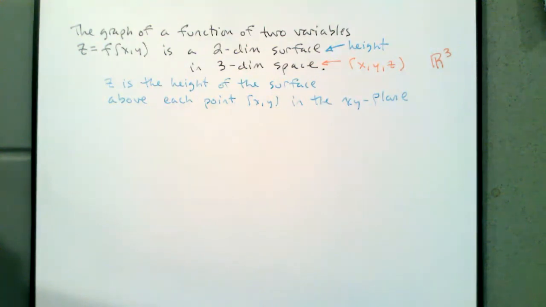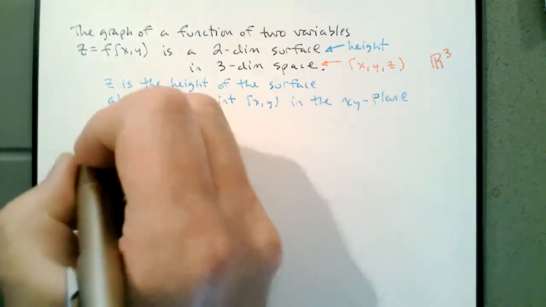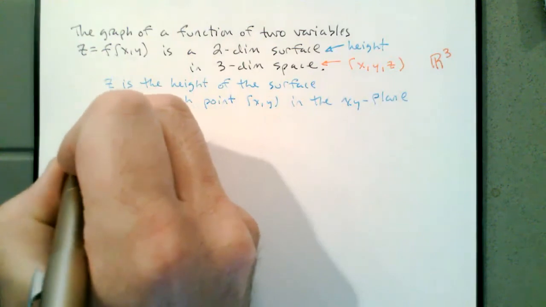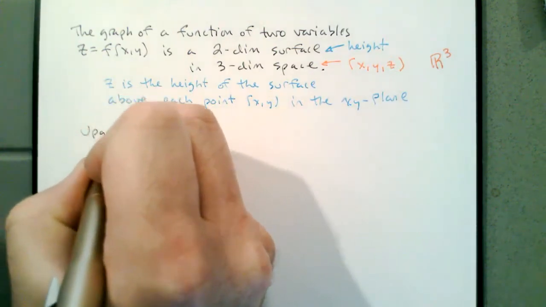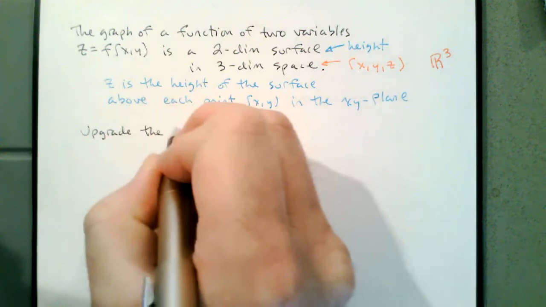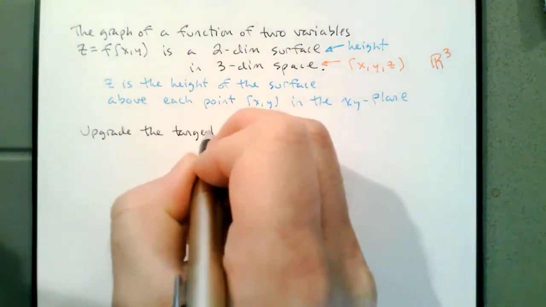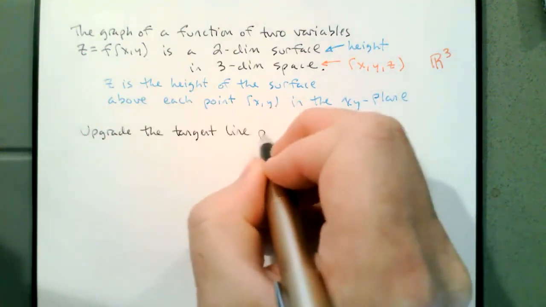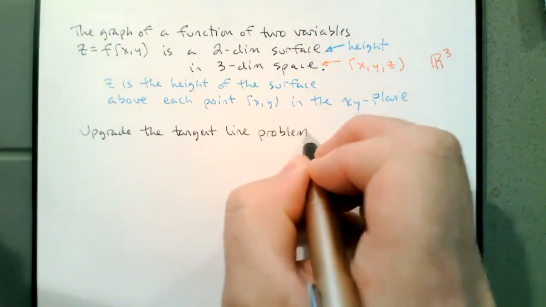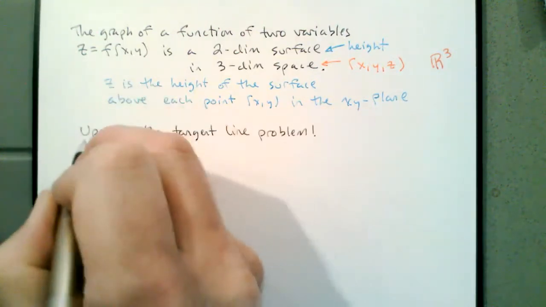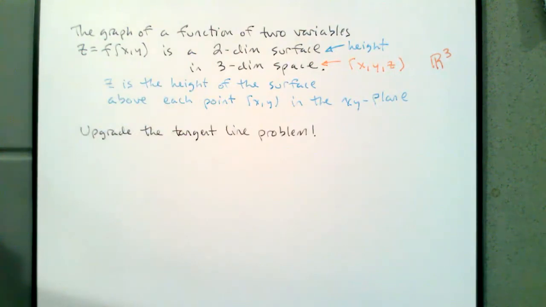So we want to do the same thing that we did with the tangent line. We want to find a tangent plane. So now we want to upgrade the tangent line problem. Whereas before we had: find the equation of the line tangent to the curve.